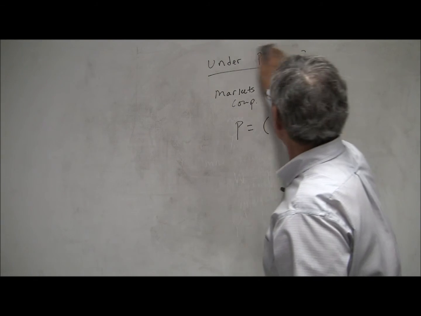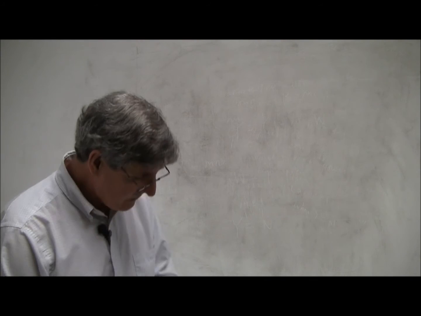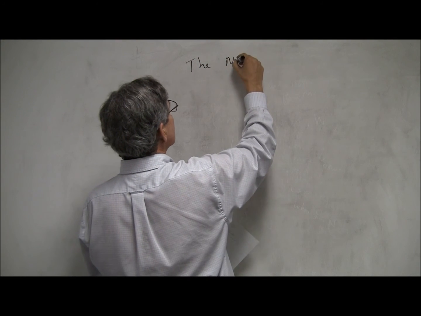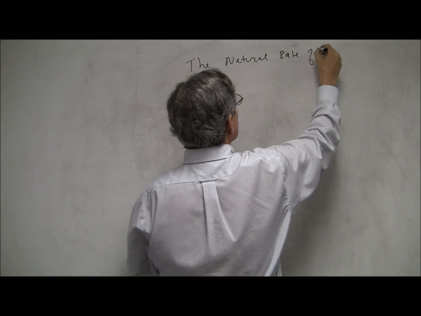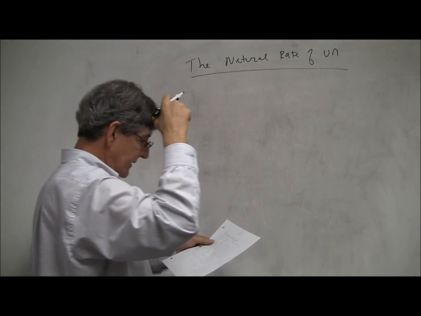Okay, now we can put all of this together and draw a graph of it. We can put these two equations together. We're going to find the natural rate of unemployment, our next task.